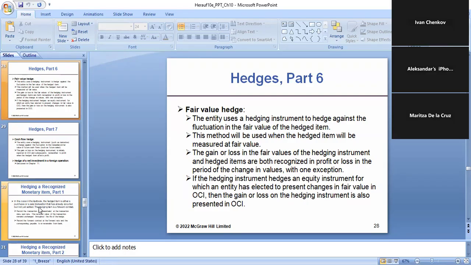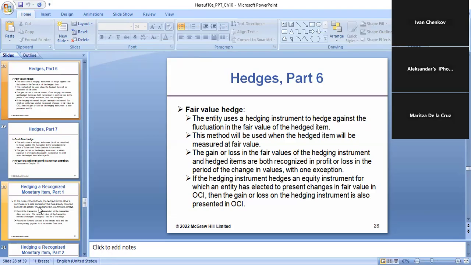The gains and losses of the fair value of the hedging instrument and the hedged item are both recognized in profit and loss in the period of the change of the value, with one exception. If the hedging instrument hedges an equity instrument for which the entity has elected to present changes in the fair value in other comprehensive income, then the gain and loss of the hedging instrument are also going to be presented in other comprehensive income.